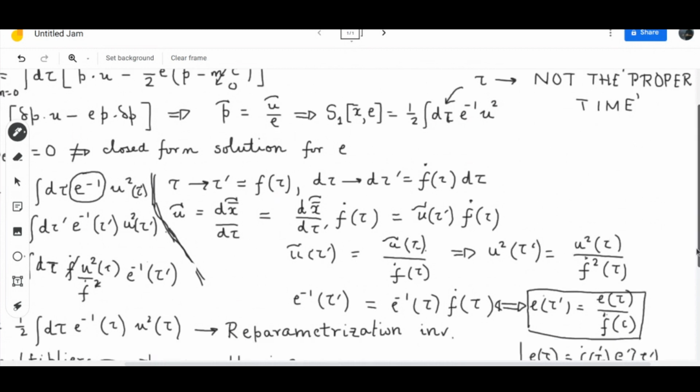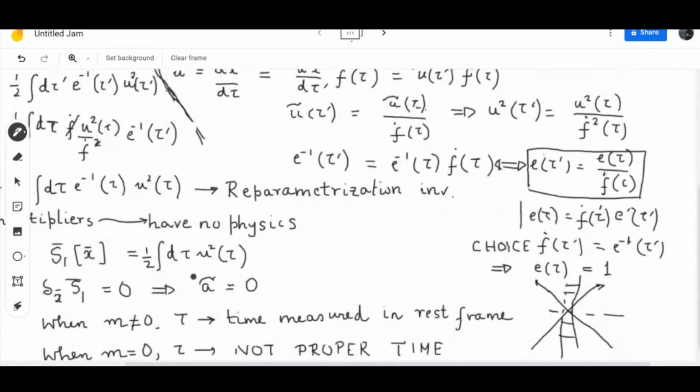And of course, once we choose E equal to 1, then we have this property which is completely known, that the acceleration of any massless particle must always be zero. So that's really the point that I wanted to make as far as this is concerned.